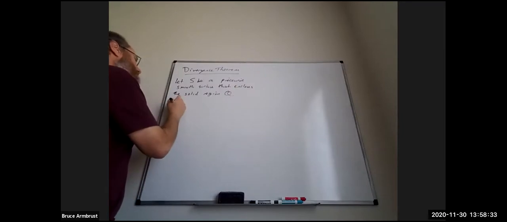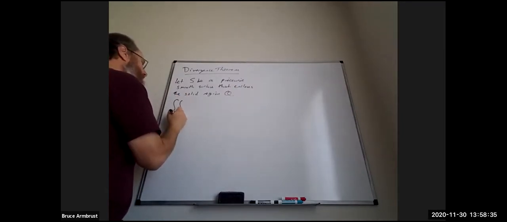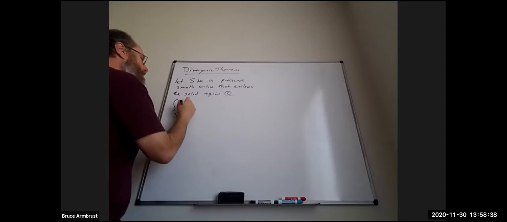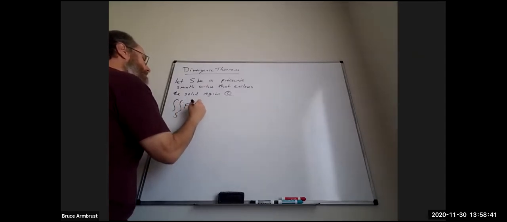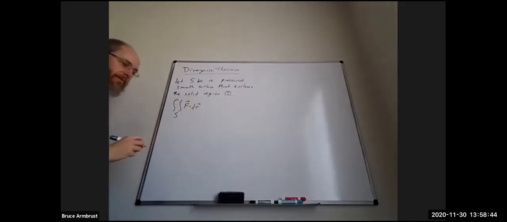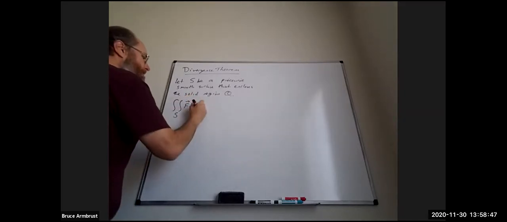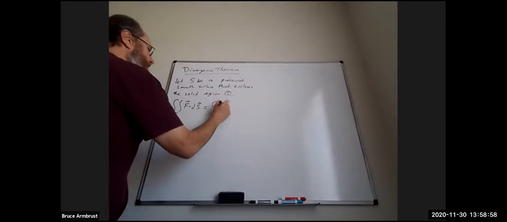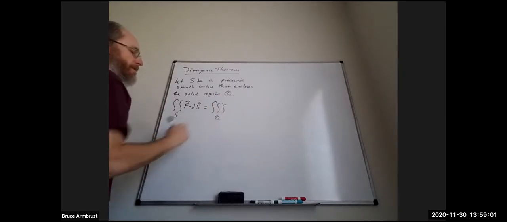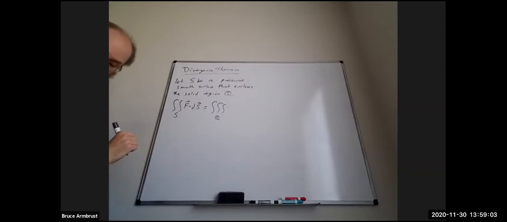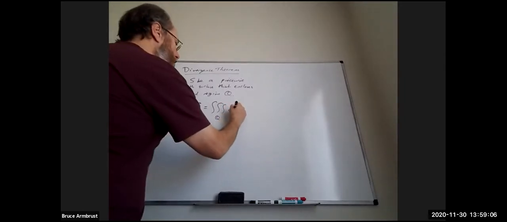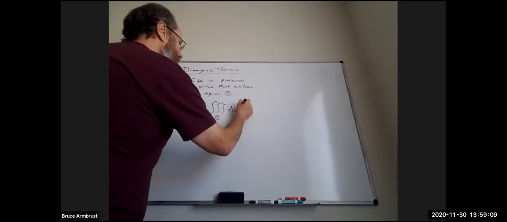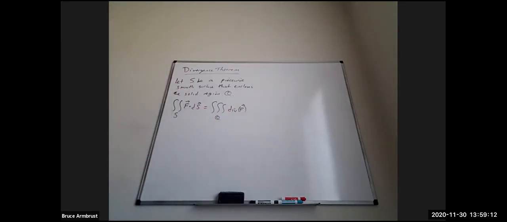Then what we know is that if you are integrating F dot dS, so we're finding the flux over this surface, it's actually the same as the triple integral over the region of the divergence of F. You remember the divergence, I hope.